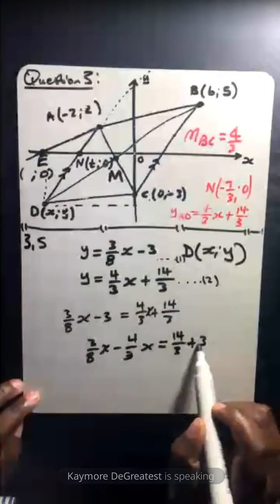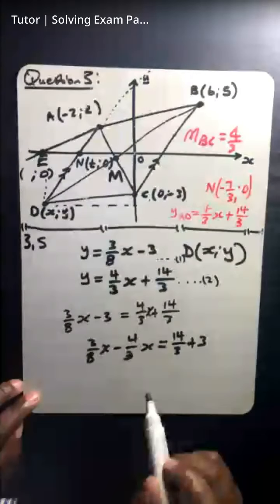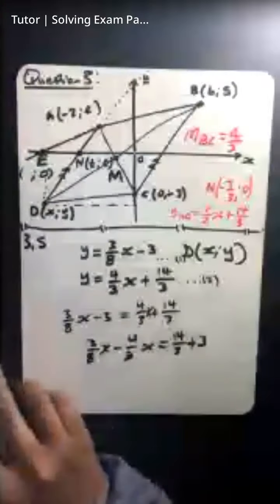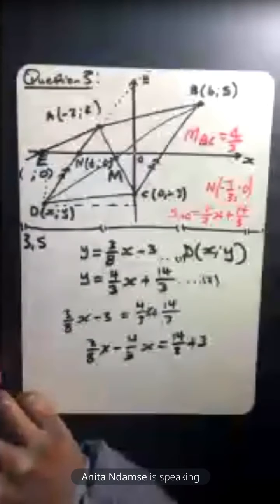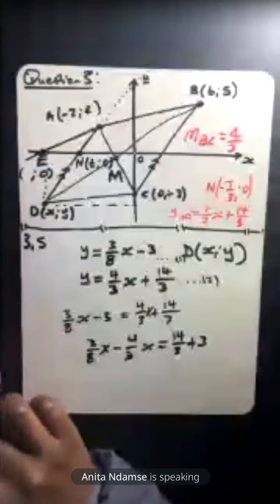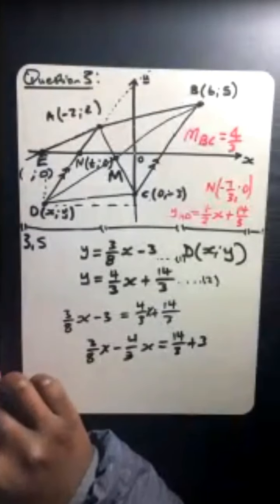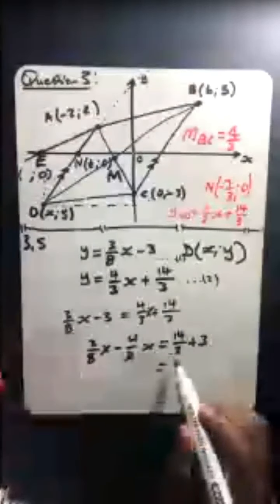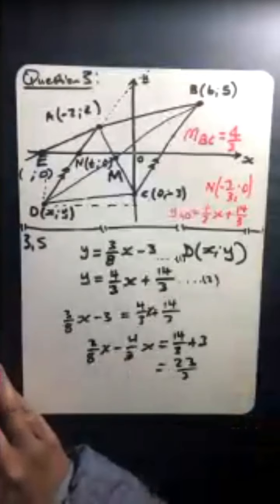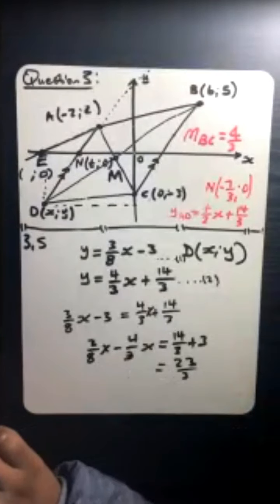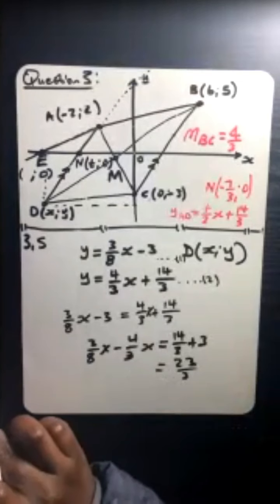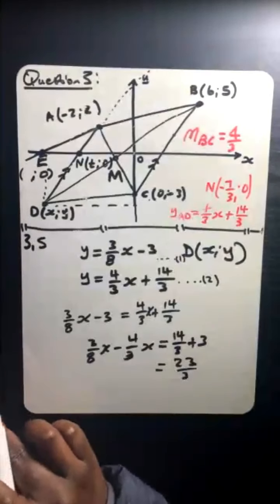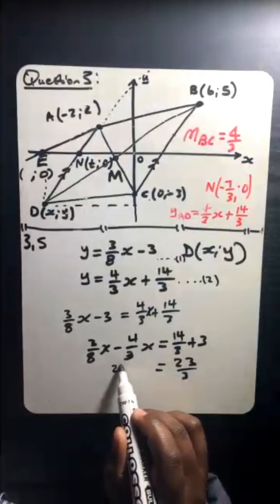Negative plus 3 gives -6. So x is -8 and then y is -6. This is what I'm getting. I'm getting 23/3 on one side, and 3/8 minus 4/3 gives -23/24 on the other.